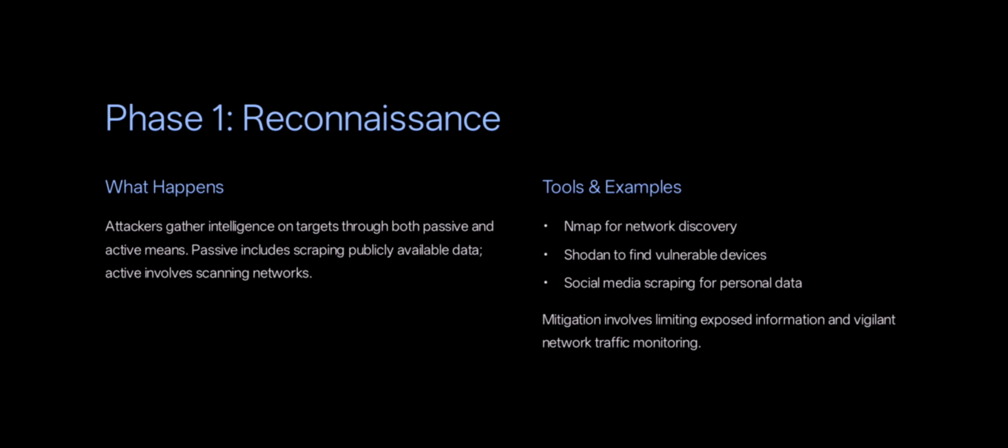Organizational information: company structure, employee roles, and contact details. Technological stack: details about the software and hardware used by the organization. Security measures: information about firewalls, intrusion detection systems, and other security protocols.